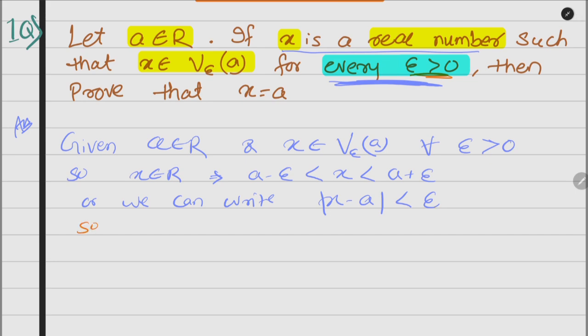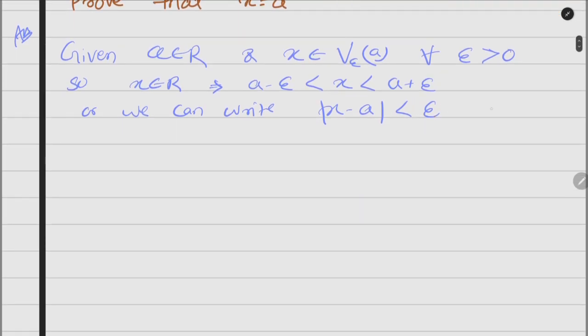So as epsilon is greater than 0 and mod of x minus a is less than epsilon, this we have discussed earlier while I was explaining about this, how to think. Okay, so what we can write over here, that we know epsilon is greater than 0, so 0 less than or equal to mod of x minus a, less than epsilon, for all epsilon greater than 0.